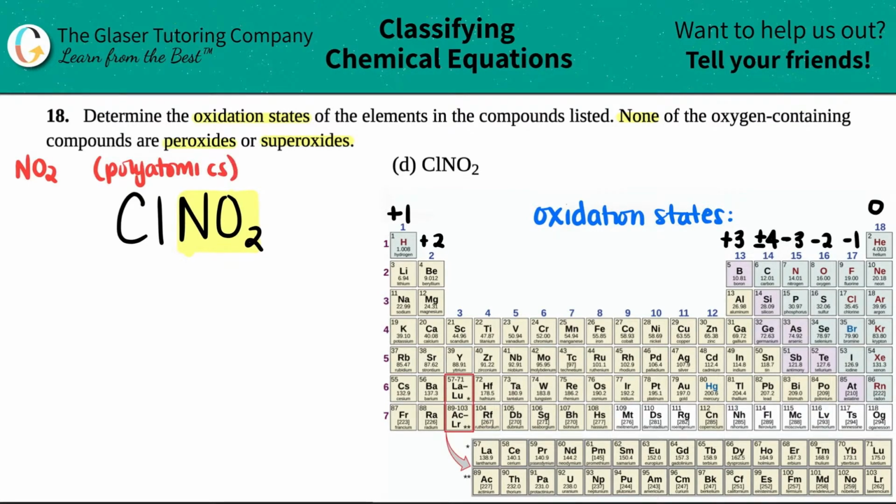It's just easy to know what they are. Memorize them, okay? Because I memorized them, and I could automatically spot that this was a polyatomic. NO2 is nitrite. Now, do you know what the charge of NO2 collectively is? Yeah, nitrite is always a -1.